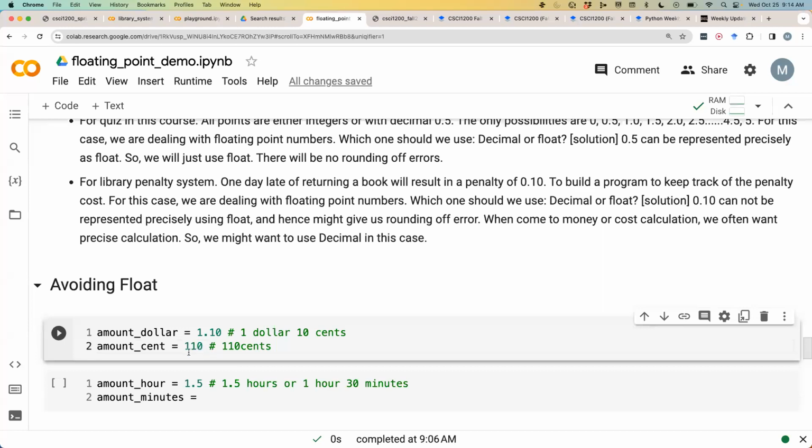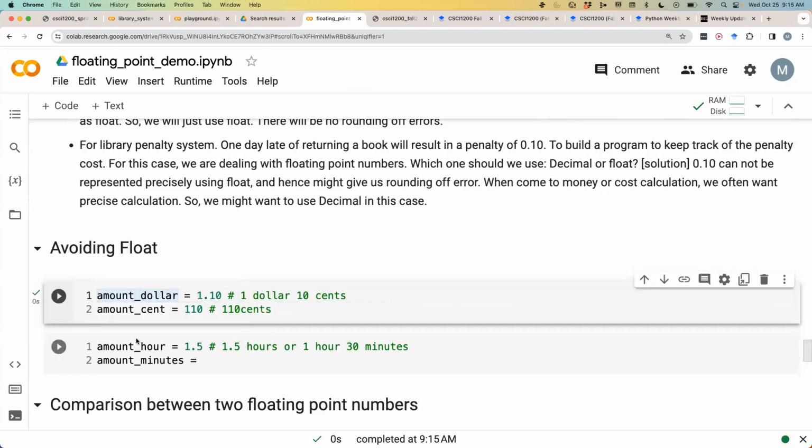When you do computation using the amount in cents rather than the amount in dollars, because now the amount in cents is int, everything will be precise. There is no rounding error. So this is one thing that you can do, is to change the floating point type to its equivalent integer type. So now the amount in cents will be of type int, and you have no problems with float.